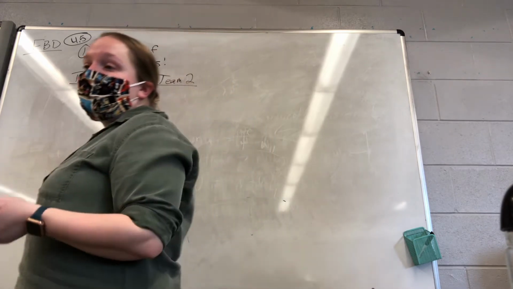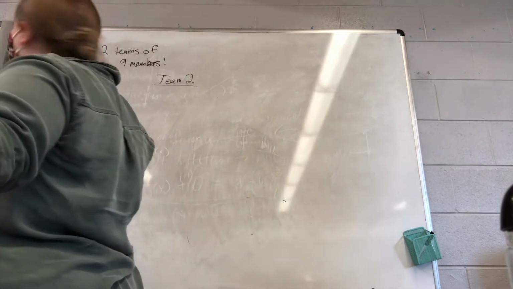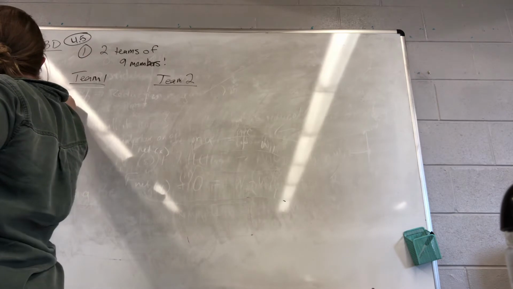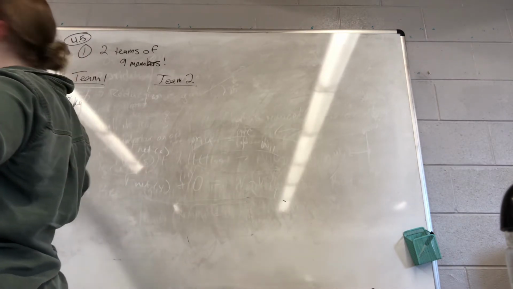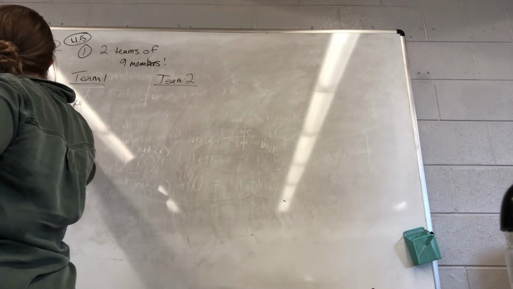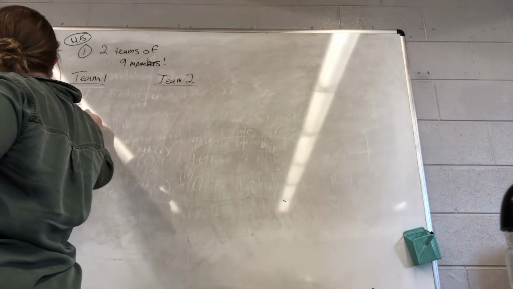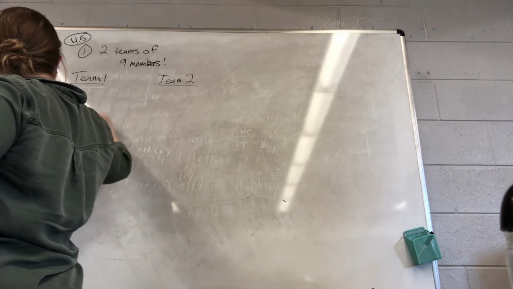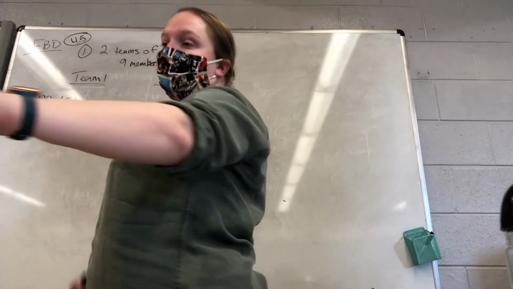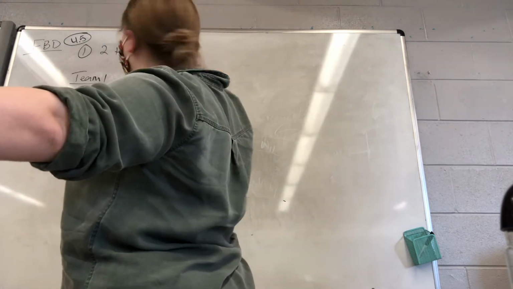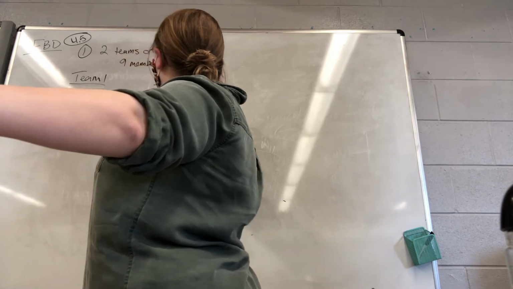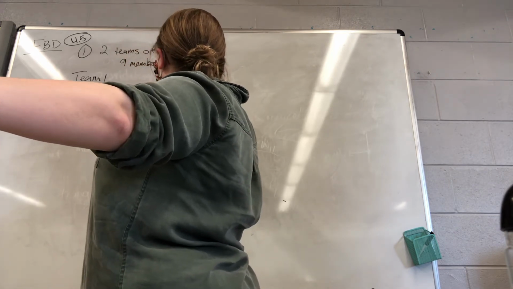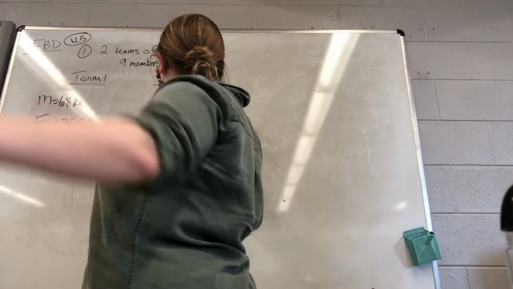You're told that team 1 has each member with an average mass of 68 kilograms and a force of 1350 newtons. Team 2, you were told, has a mass of 73 and a force of 1365 newtons.